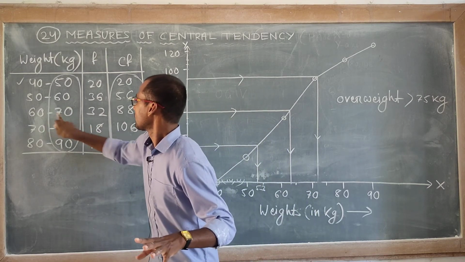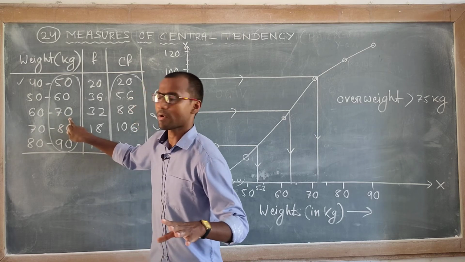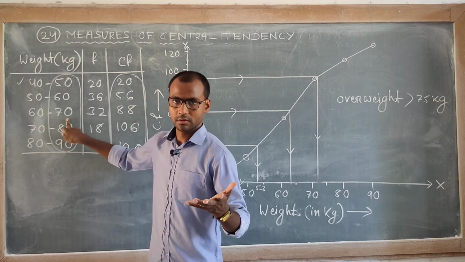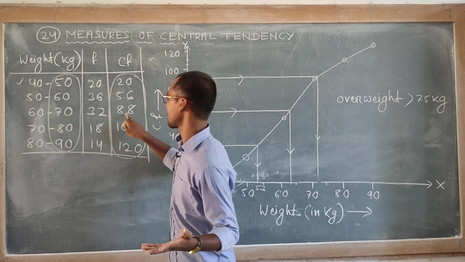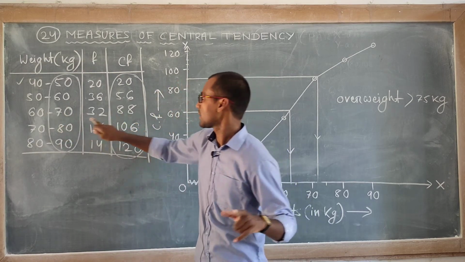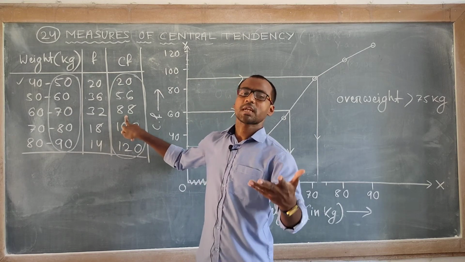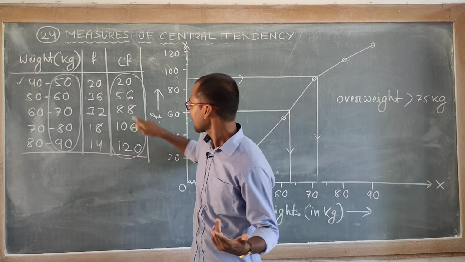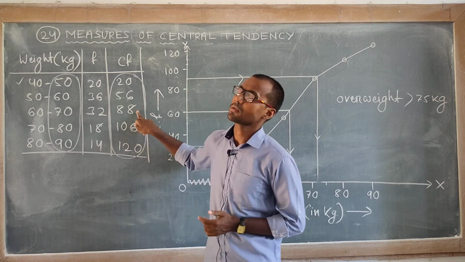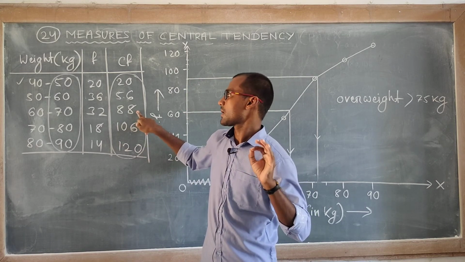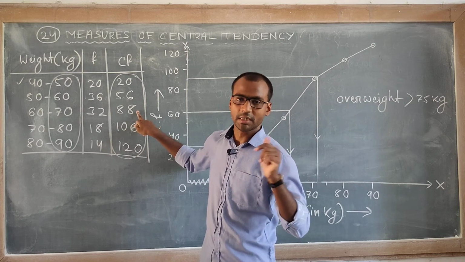Below 70, 60 to 70 means 60 or above 60 but less than 70. Less than 70, there are 88 students. So how many students are above 70? 120 minus 88 is 32 students. So 32 students have weight above 70 kg.